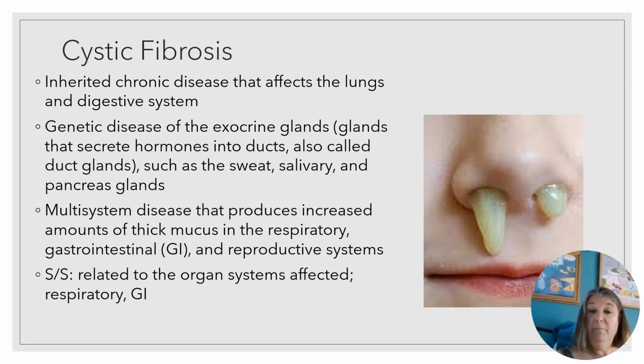So this viscous, thick mucus clogs all of our tubes, right? One of the things that it does in particular is it can obstruct the pancreas. It can obstruct the liver, salivary glands, even the testes. And we worry about the GI system because when it obstructs the pancreas, it leads to exocrine insufficiency because those pancreatic enzymes that work in the breakdown and absorption of food, we no longer get the benefits of those pancreatic enzymes.